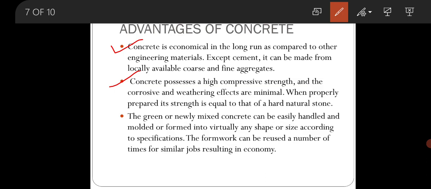Third one is it can be molded into different shapes and sizes according to your requirement. You can prepare different shapes of concrete by using different molds. Also the formwork used for the preparation of concrete can be reused a number of times for similar jobs.